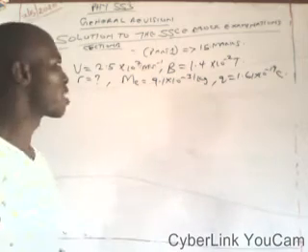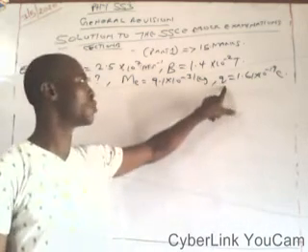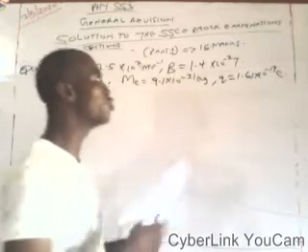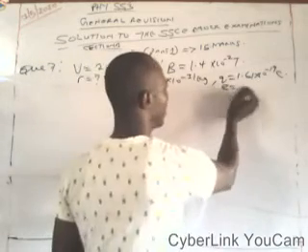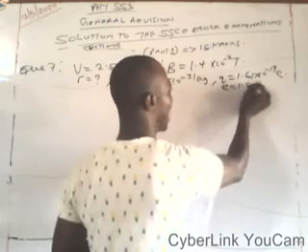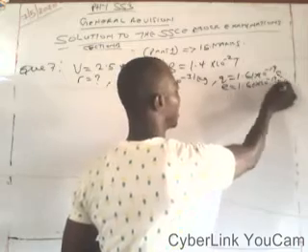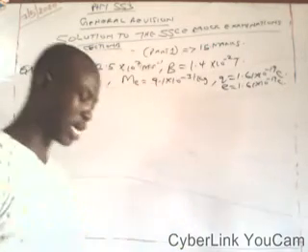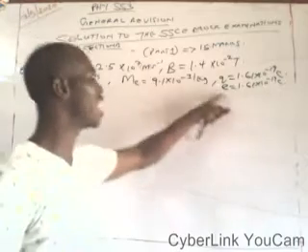Take note of one thing: at times you can use Q to represent charge, or we use small letter e, which is called the electronic charge. So both Q and e mean the same thing.